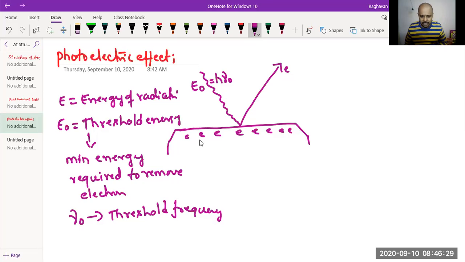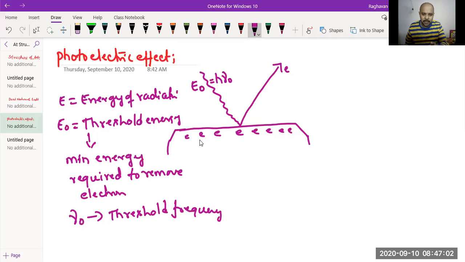What is photoelectric effect? It is the phenomenon of ejection of electron from a metal surface when a radiation of suitable frequency incidents on it.